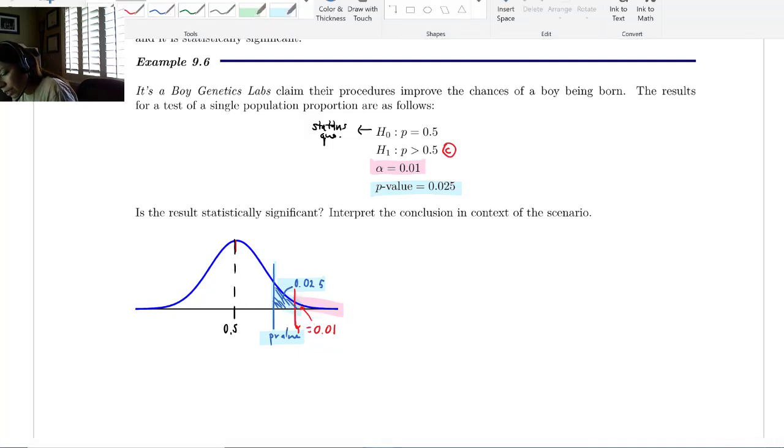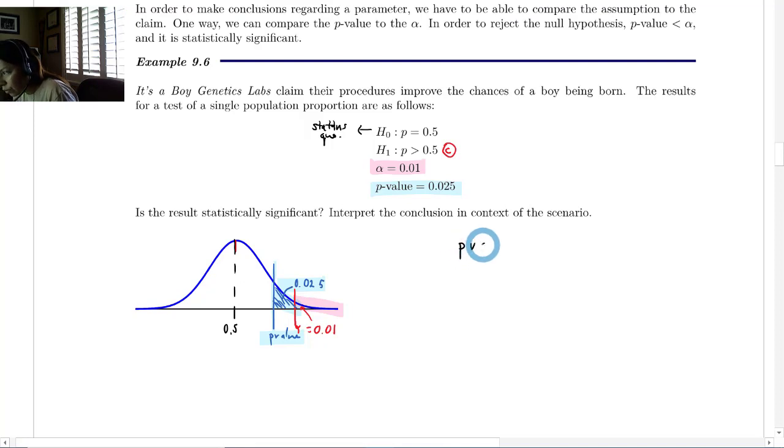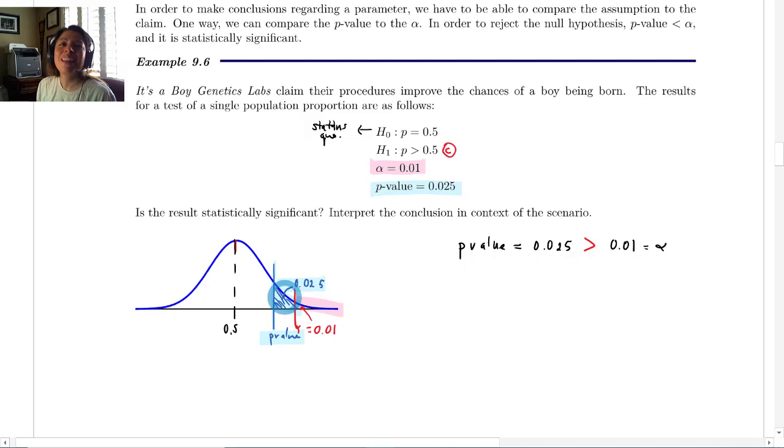So now let's take a look. If the p-value is equal to 0.025 and the alpha is equal to 0.01, now we look at comparing these decimals, and we could see that the p-value is greater than the alpha, meaning that if I randomly took another sample, the probability of getting the same results is greater than making a type 1 error, meaning that there's just not enough to make change and that we should keep status quo.